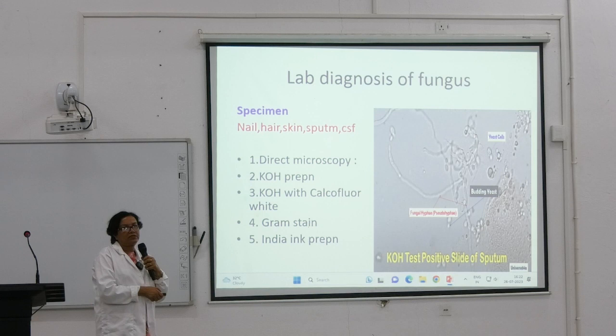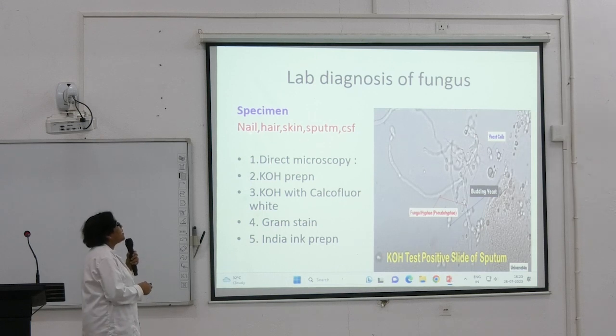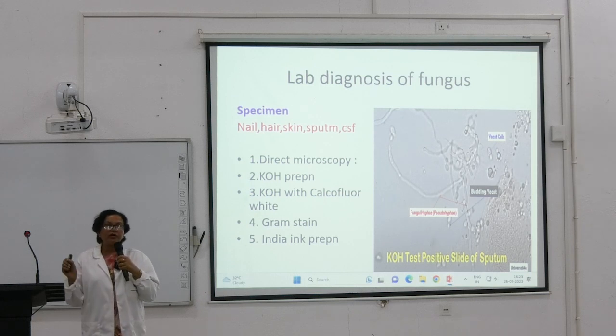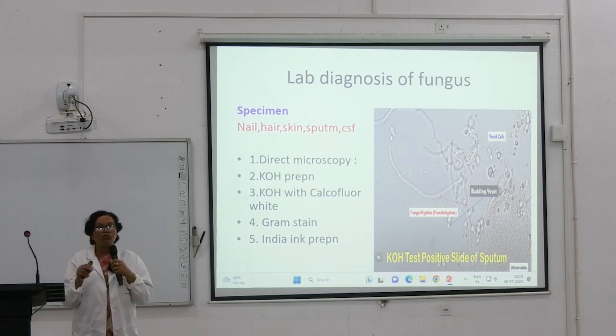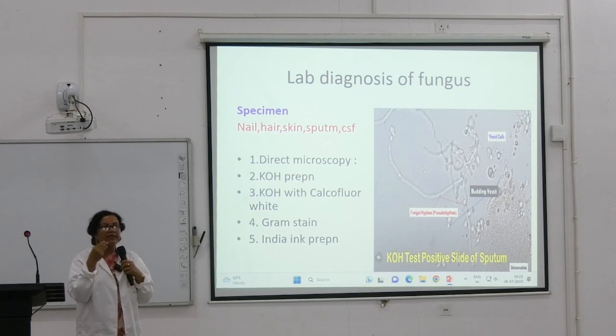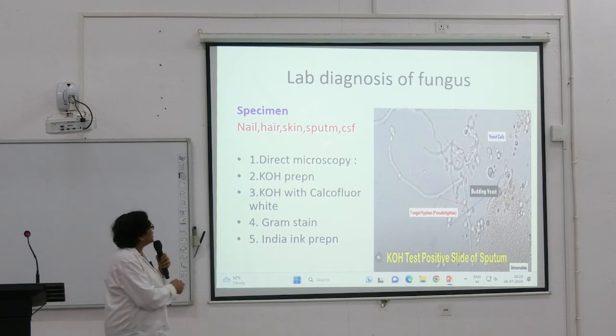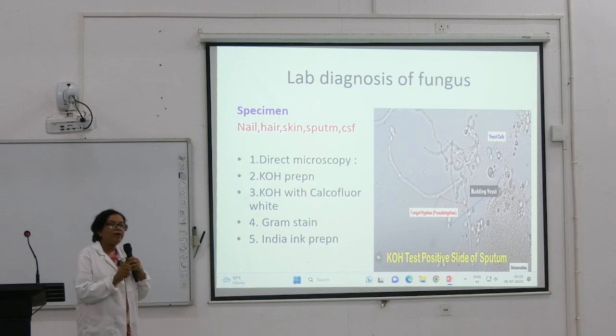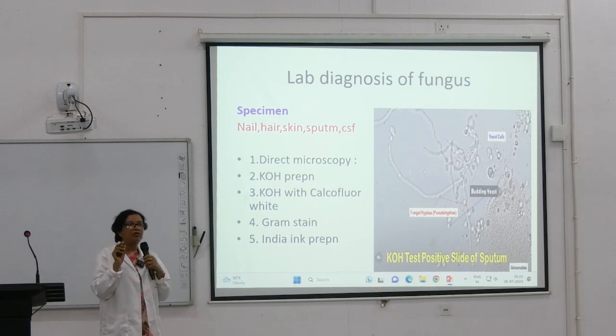After taking the specimen, we have to go for direct microscopy. In bacteria, we go for Gram stain, ZN stain, then we see under the microscope. Here also we have to see under the microscope, but here Gram stain is not done.